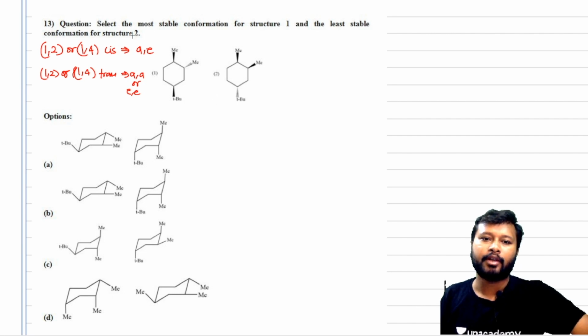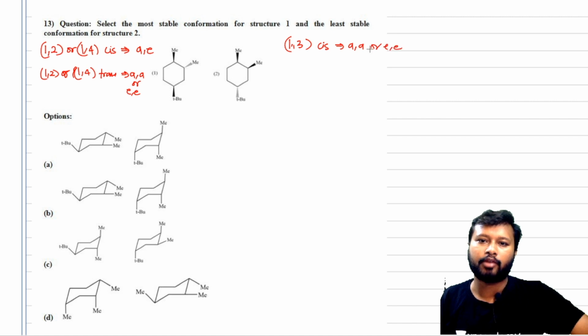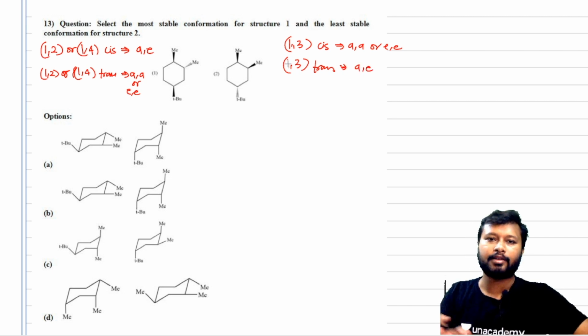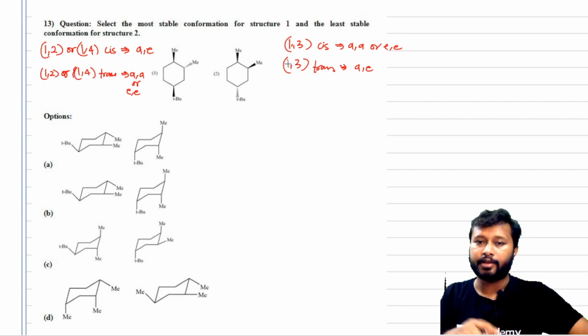Or you can write it down like this: if you have 1,3 cis, in that case they can be either axial or equatorial, and if you have 1,3 trans, in that case they will be axial equatorial. So this is how we convert planar structures into chair form.